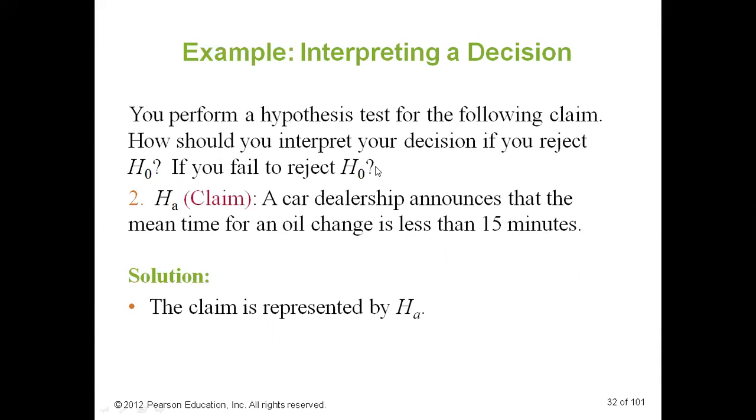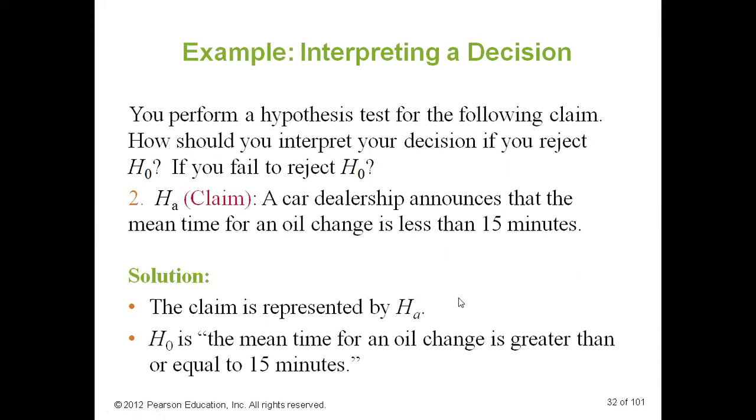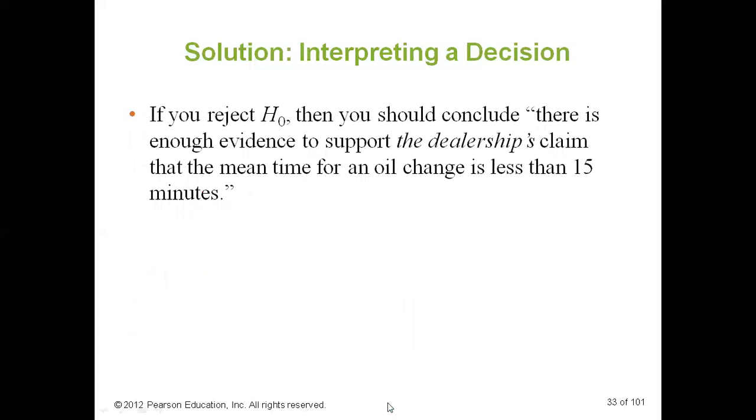If you reject the null hypothesis, you are accepting this claim. If you fail to reject the null hypothesis, you are rejecting this claim. So H0 is the mean time of an oil change is greater than or equal to 15 minutes.